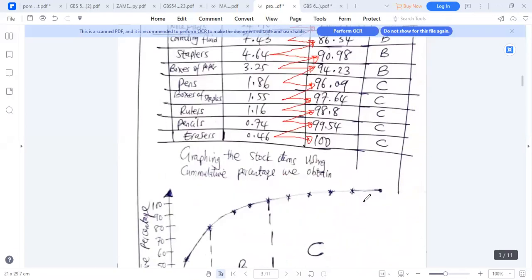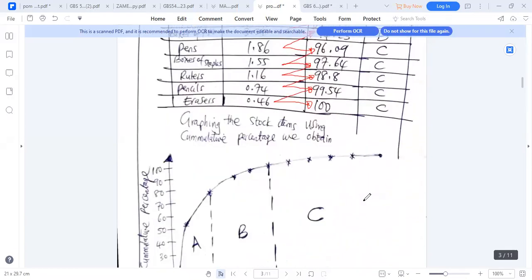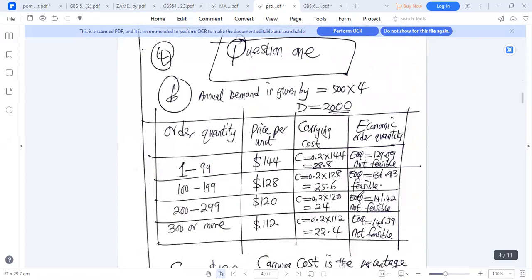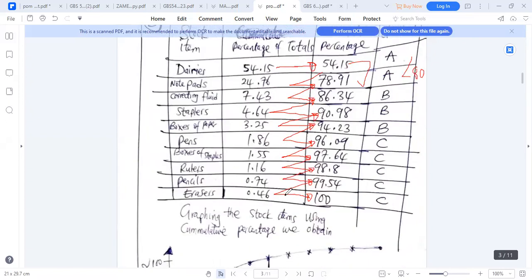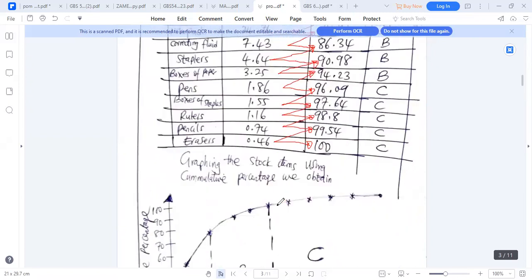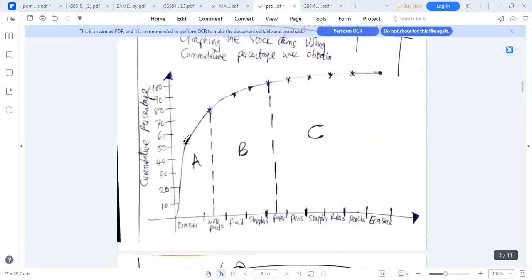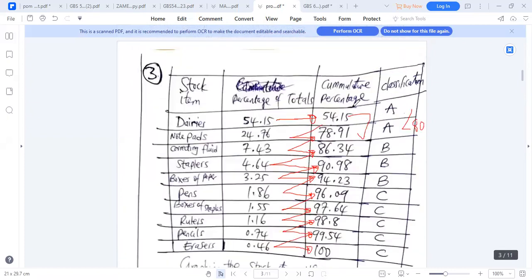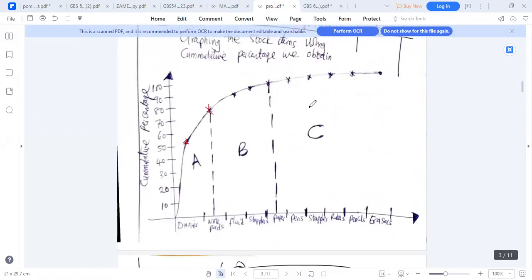On the graph, what we are simply saying is that following here, the diaries have a percentage of 54 point something, which is this one. Then we have this other one using the cumulative percentage. This graph is obtained using the cumulative percentage.